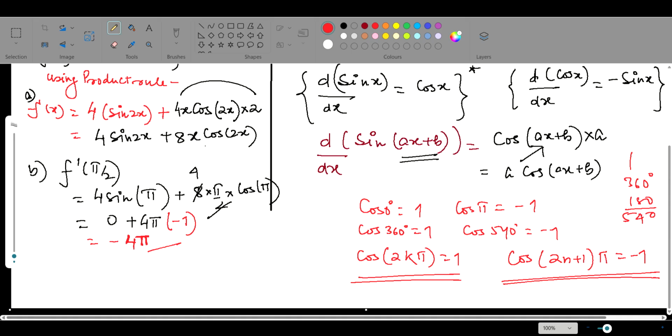Like pi, 3 pi, 5 pi, 7 pi, that value is minus 1, and all the even multiples like 2 pi, 4 pi, 6 pi, the value is 1. K can be anything, that's not an issue, because it's already multiplying with 2, which will make it even. K belongs to integers, of course.